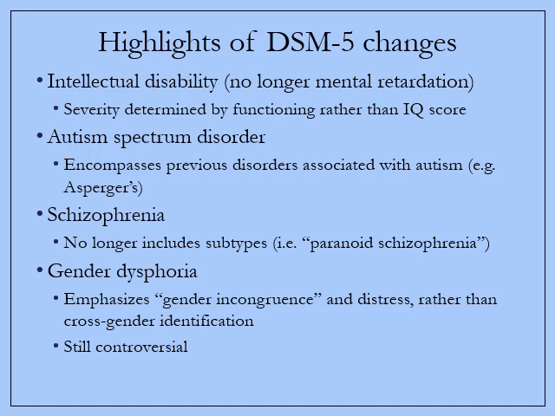Autism spectrum disorder underwent a somewhat controversial change. There used to be a range of disorders associated with autism. So there was autism, and then there was high functioning autism, and then there was something called Asperger's, which many people may be familiar with. It's a higher functioning form of autism.